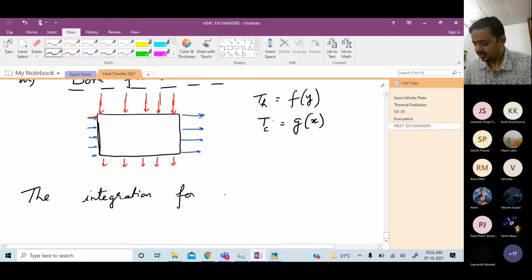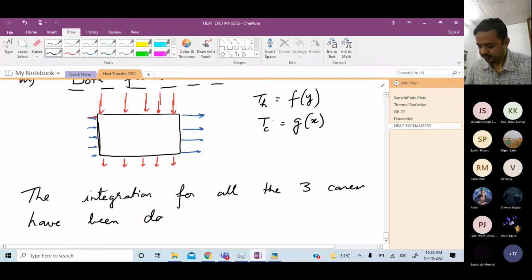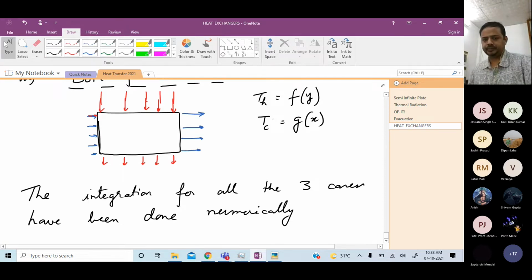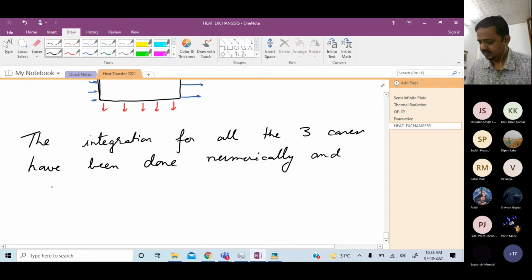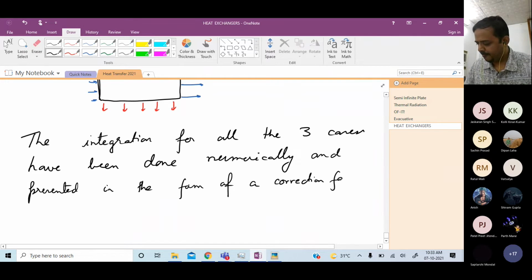So integration for all the 3 cases have been done numerically, and presented, and this is very important, presented in the form of a correction factor F.